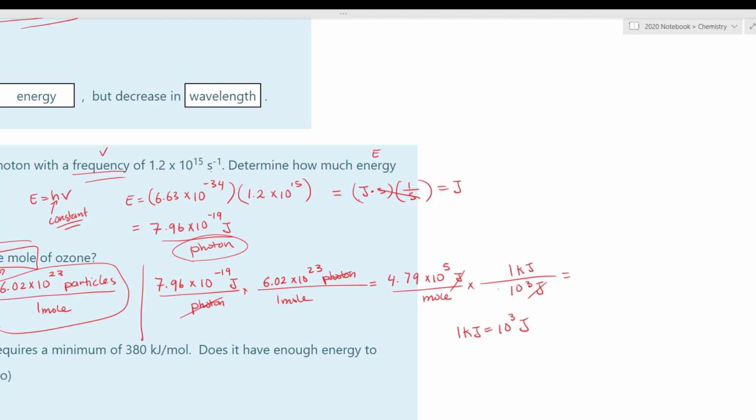What does that turn out to be? Well, this is divided, so we can subtract, right? So in a way, we can think of this as 4.79 times 10 to the 5th minus 3. What's that going to be? 2. So our answer is 4.79 times 10 to the 2nd kilojoule per mole. Or you can write this as 479 kilojoule per mole. Your choice, okay?